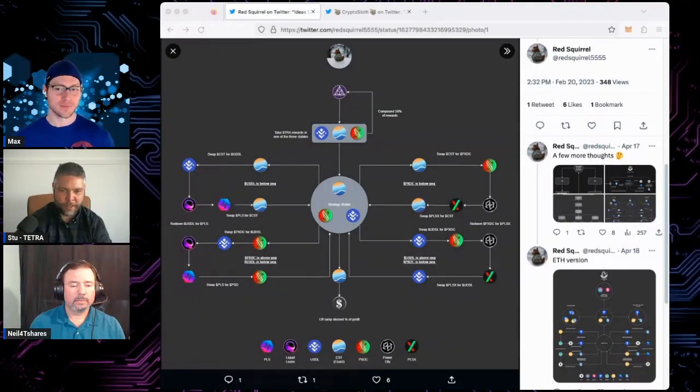It's a whitelisted address that can only send gas to the wallet. So if somebody else sent gas to the wallet to try and take the tokens within that strategy wallet, it just keeps taking the gas and putting it into one of your whitelist addresses. That's pretty cool.